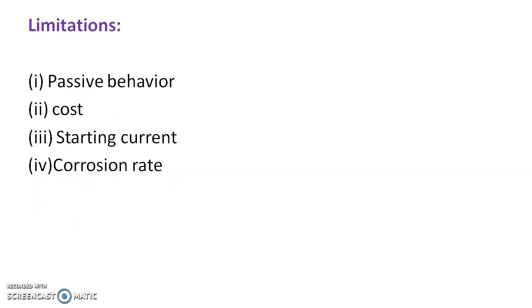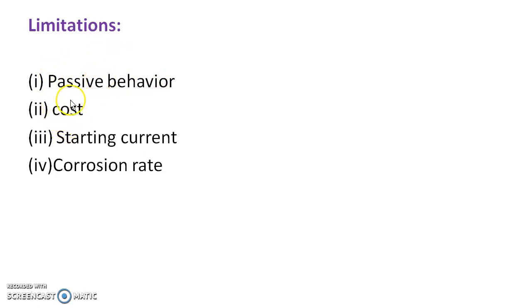So these are the advantages of your anodic protection method. Now, what are the limitations of anodic protection? This method is applicable only to those metals which can show active-passive behavior, right?